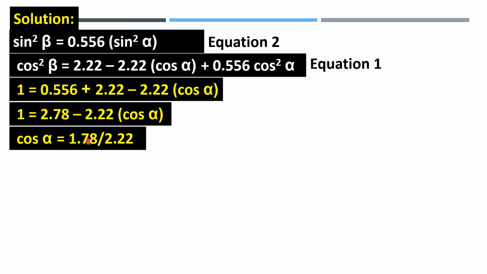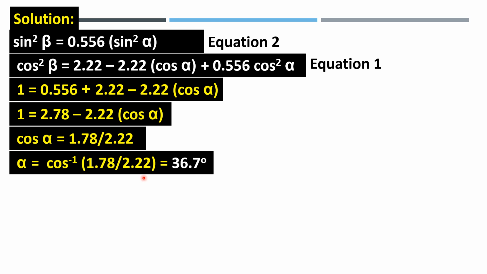Okay, and dividing the whole thing by 2.22, we now arrive at this equation, which gives us the working equation in determining the angle alpha using arc cosine.